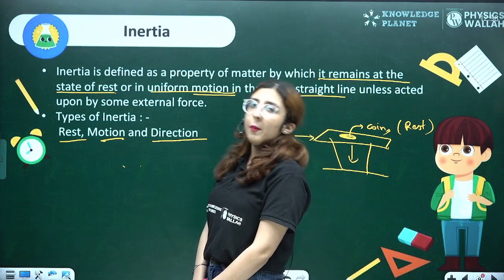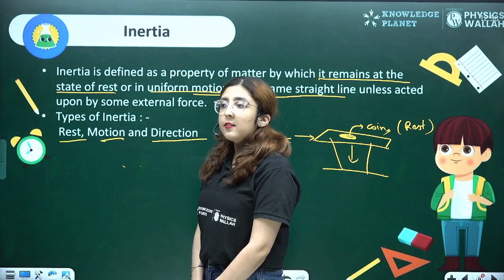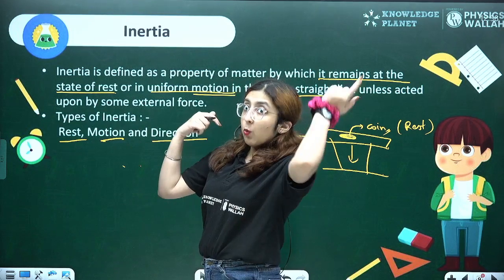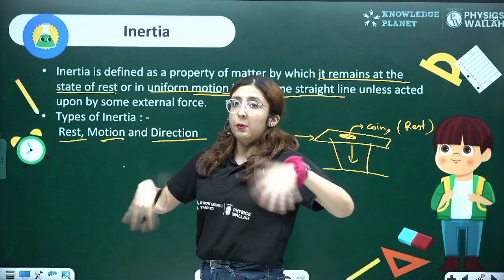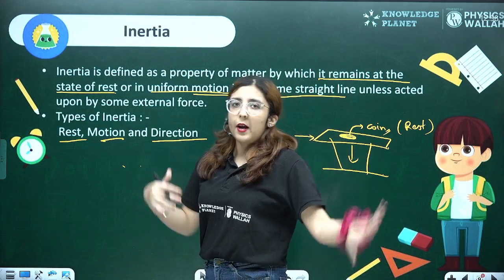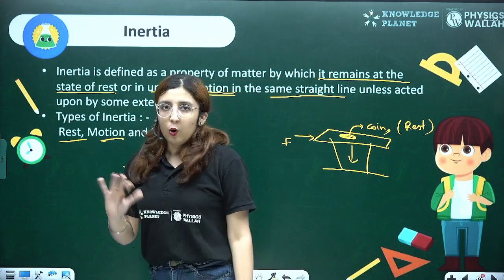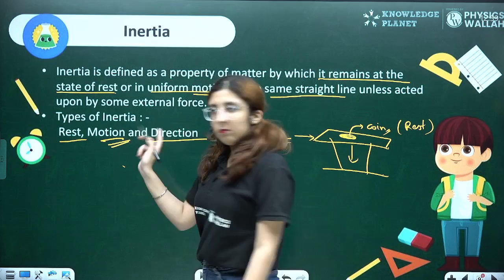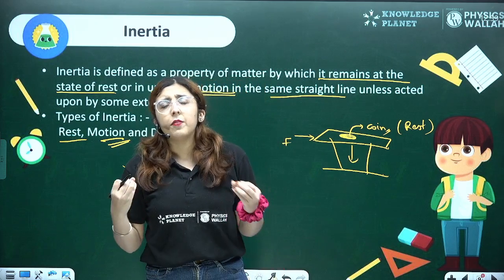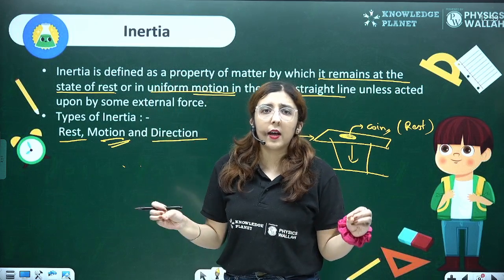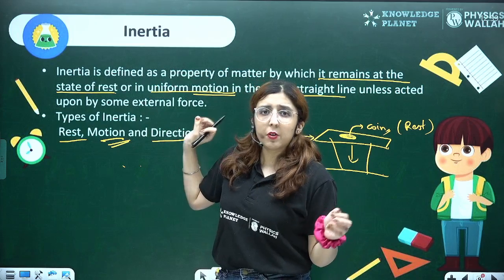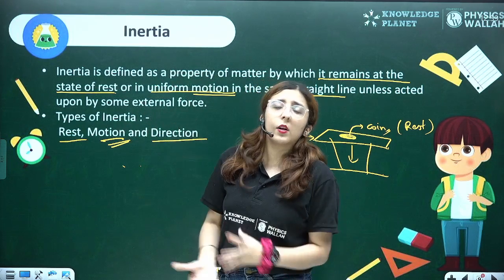What will happen? You will go back. Why is this happening? As the car is starting, my body was at rest, right? My upper body will say, okay, I want to be at rest only. Clear with it? There are ample examples where we actually see the types of inertia and we encounter them also.